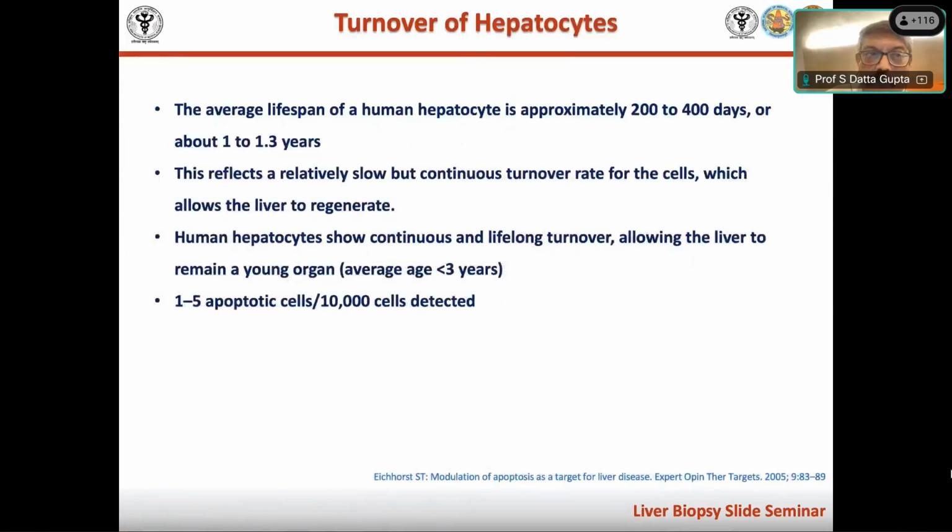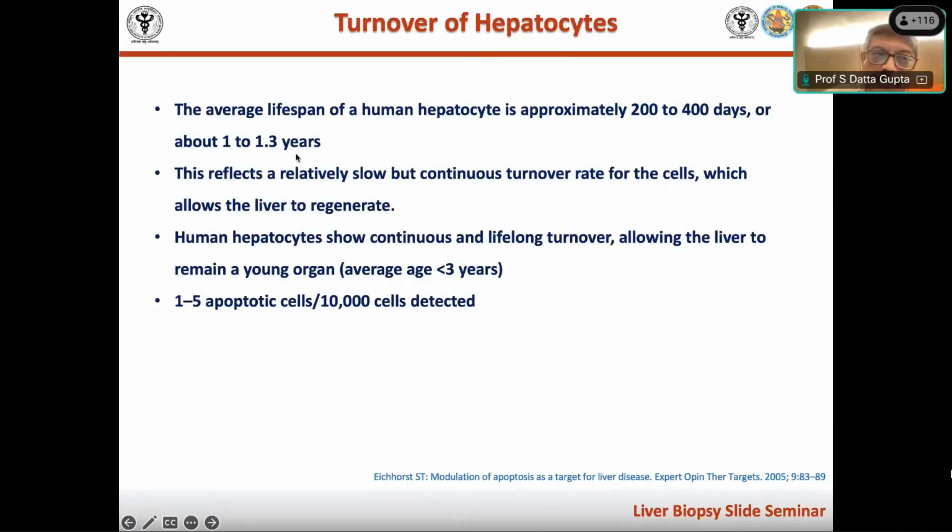Okay, don't mistake it. Please note the hepatocyte is a stable cell. It does not proliferate as much as an endometrium or the gonadal epithelium. But it can proliferate just like in the kidney and other things.